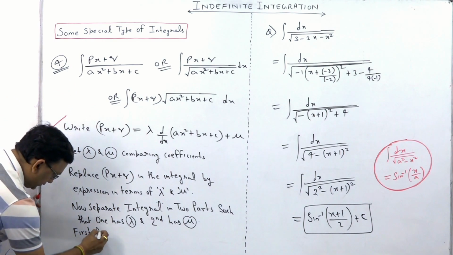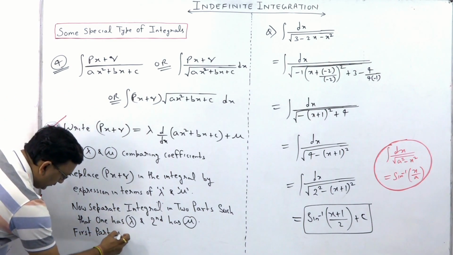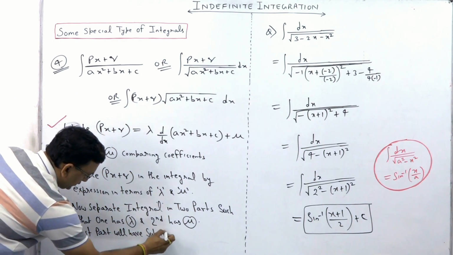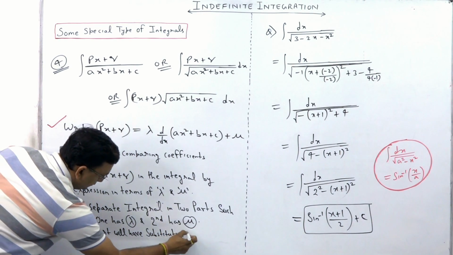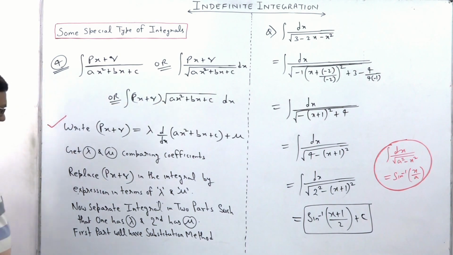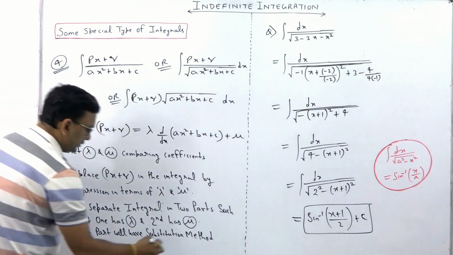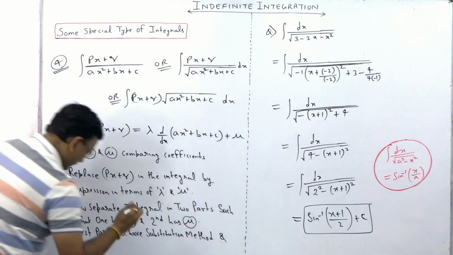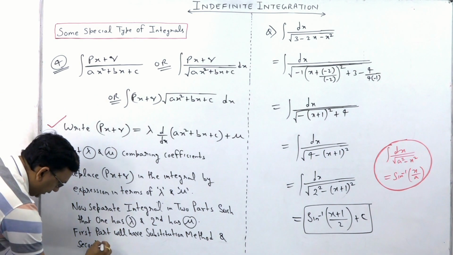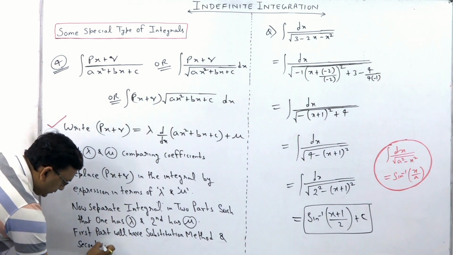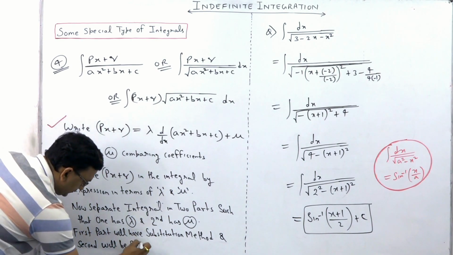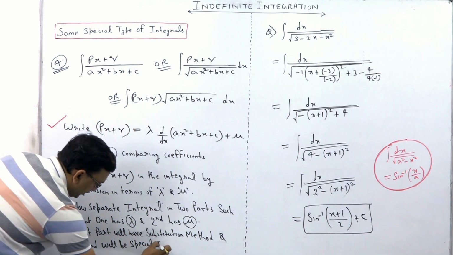First part will have substitution method. First part will have substitution method, and second will be special integral number 3.